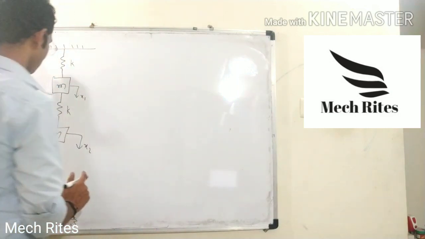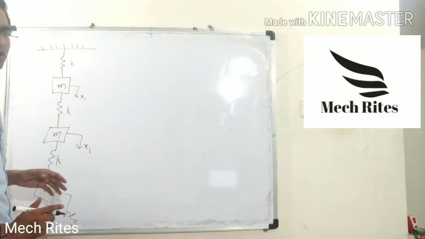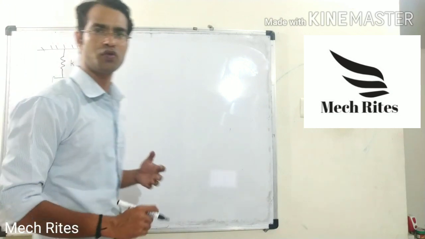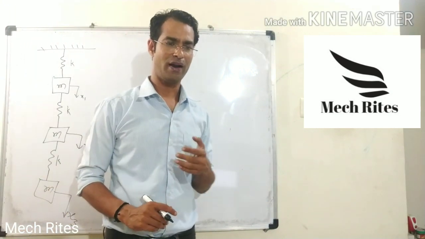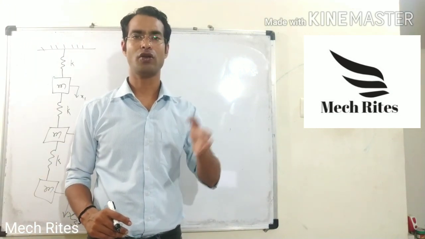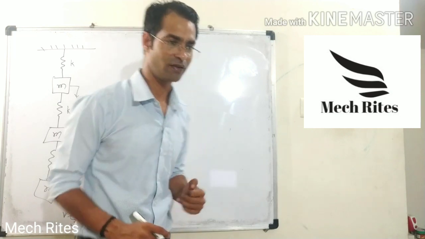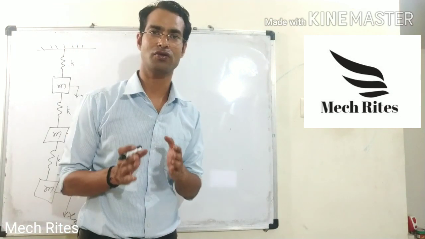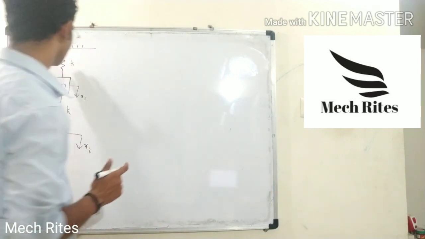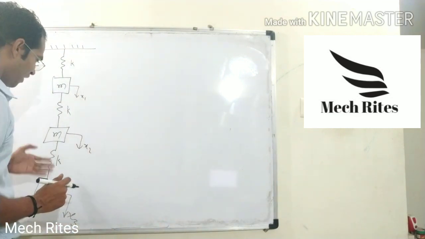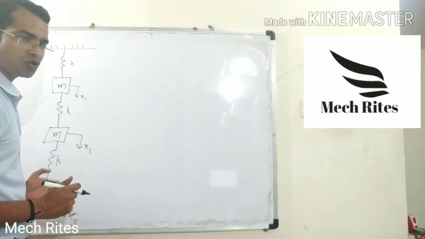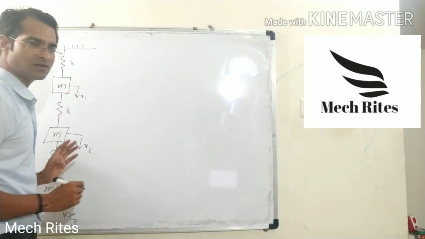We have one question. It is a very important question, and in GTU this question has been asked 2 times. And PEC also, in 2011, such types of questions were asked in university examinations. So let's focus on this question. This is the diagram, and we have to solve this question with the help of Rayleigh's method.